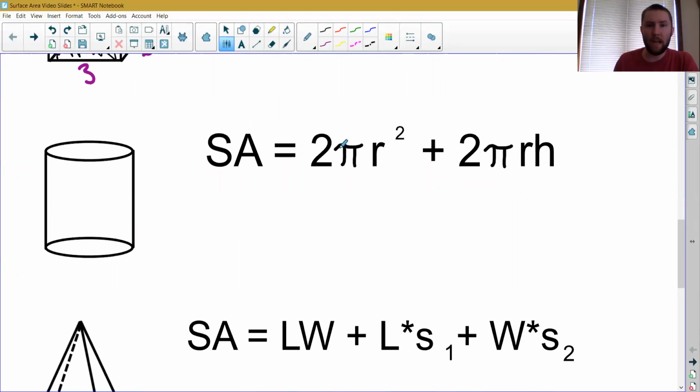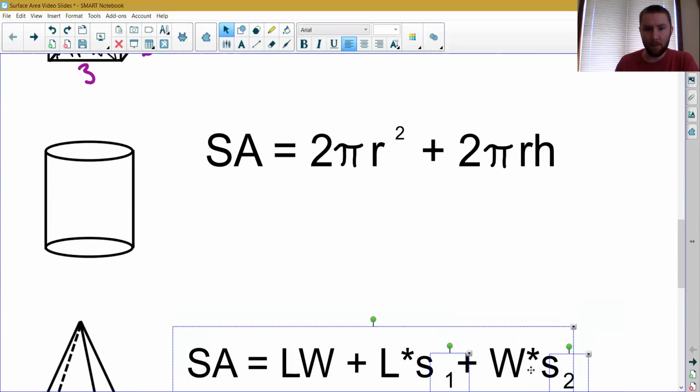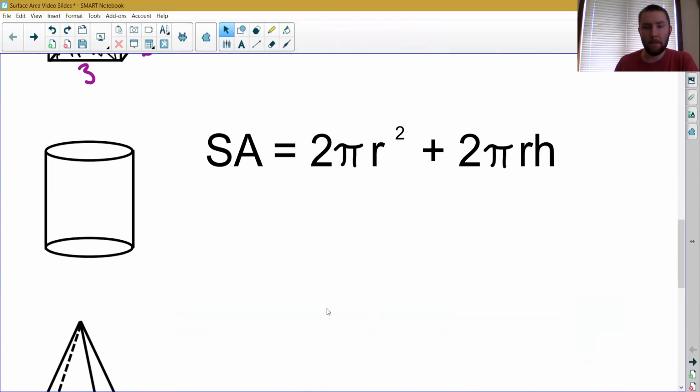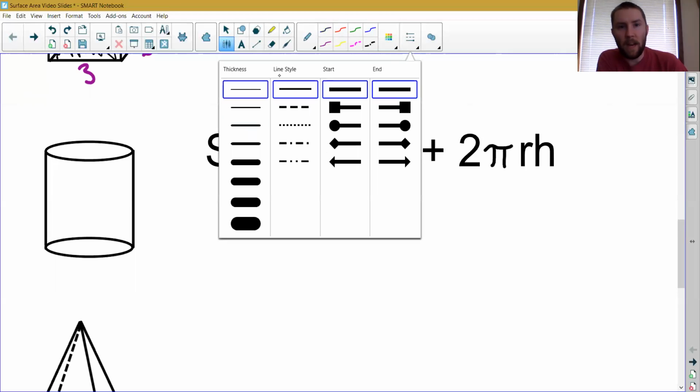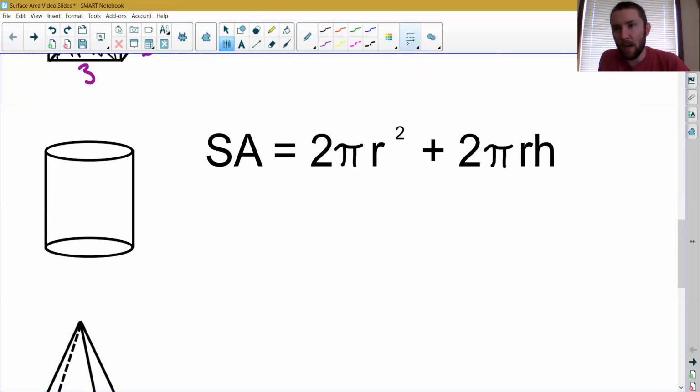Okay, and cylinders have this formula, which you'll notice involves pi because we have circles, right? We have circles on the top and bottom. So we're going to need pi to be involved in our formula, okay? Now, in order to find the surface area of this cylinder, we need to, first of all, find the area of the circles on the top and the bottom, right?